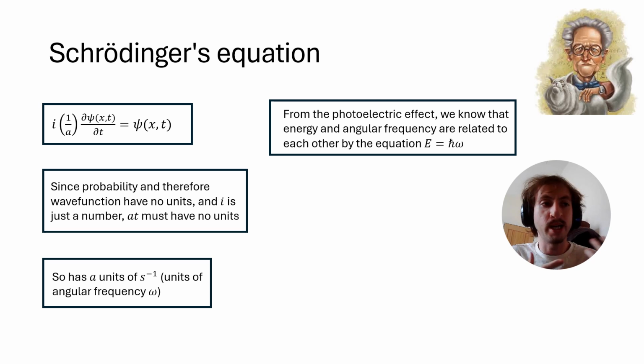which means it might be quite dangerous. That makes high frequency electromagnetic radiation ionizing, which is why X-rays are ionizing, gamma rays are ionizing. But when you go down to very small frequency waves, like radio waves, they're not ionizing because the photons don't have much energy.